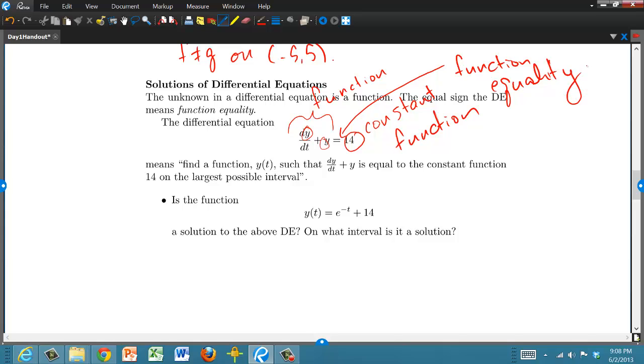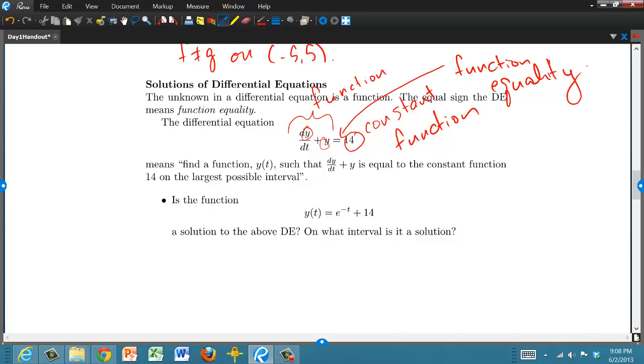All right, and the differential equation, or saying solve dy/dt plus y equals 14, what does that mean? That means find me a function, y of t, such that dy/dt plus y is equal to the constant function 14. And you should be asking yourself, on what interval? If you ask me if two functions are the same, you have to tell me what interval we're talking about.